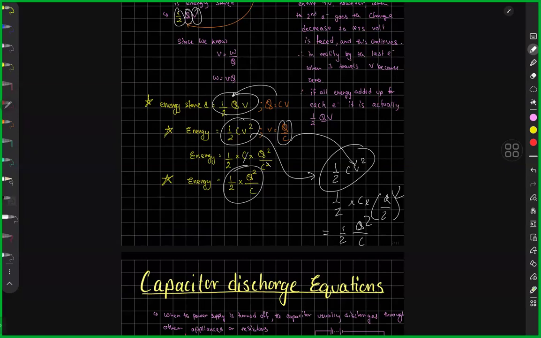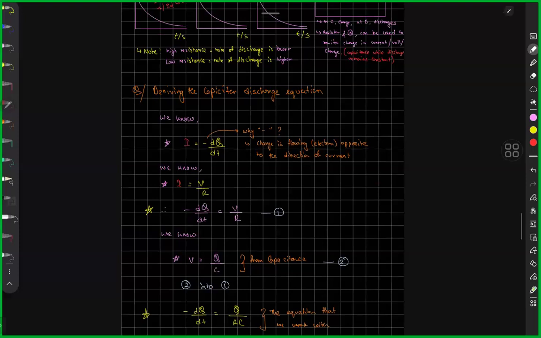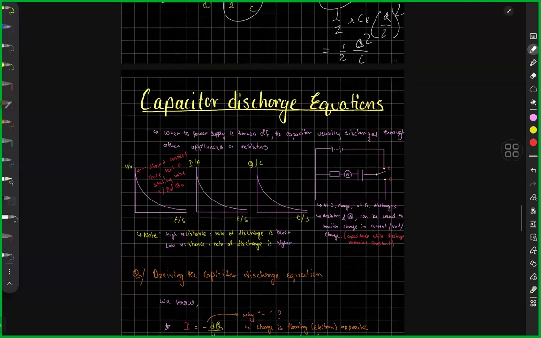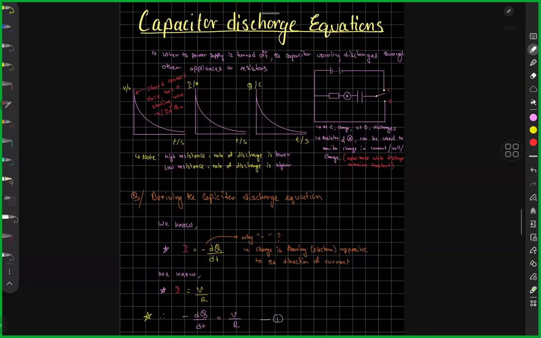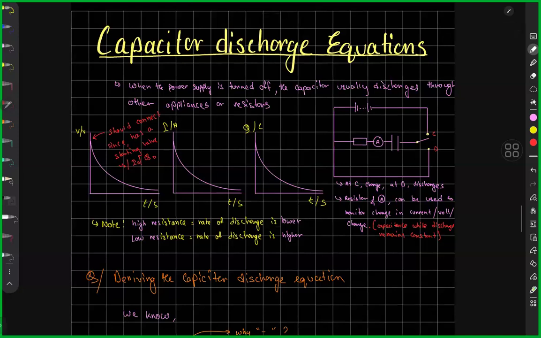Now, today, what do we do? One of the main parts of today's class, not the only one, because we are also going to traverse into magnetic fields, is the capacitor discharge equation. I'll show you in bits how this equation of discharge is derived.